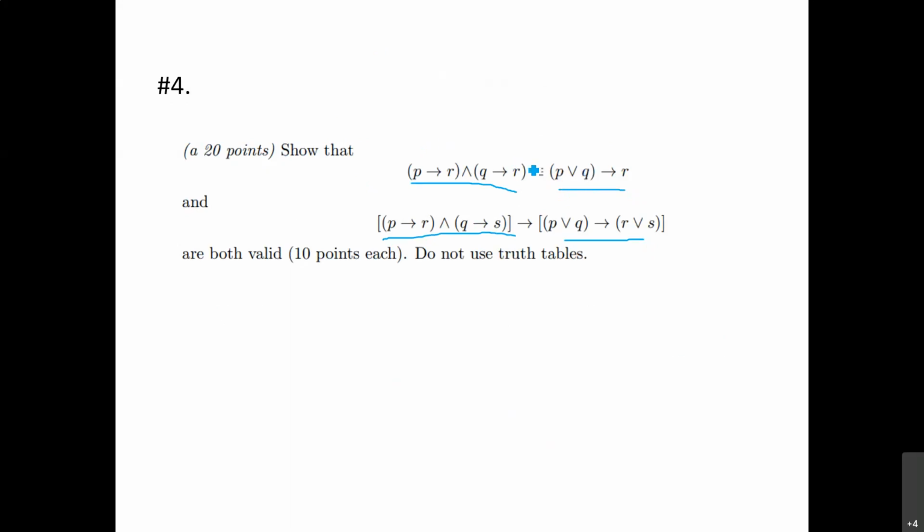For the equivalence, there's lots of ways to do it. You could start from one side and try to reach the other. Like if I start from the left-hand side, and I say it's equivalent to something, which is equivalent to something, and eventually you reach the right-hand side.